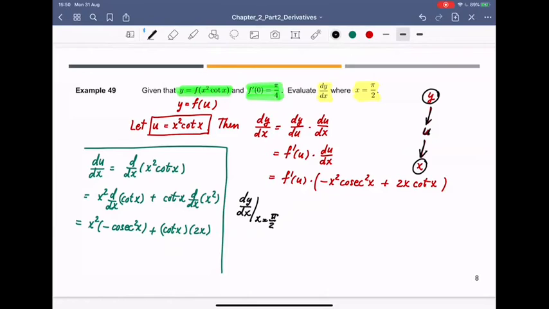So you have to think a little bit. When x equal to pi over 2, what is your u? Your u is going to be x squared times cot x, which is pi over 2 squared times cotangent pi over 2.